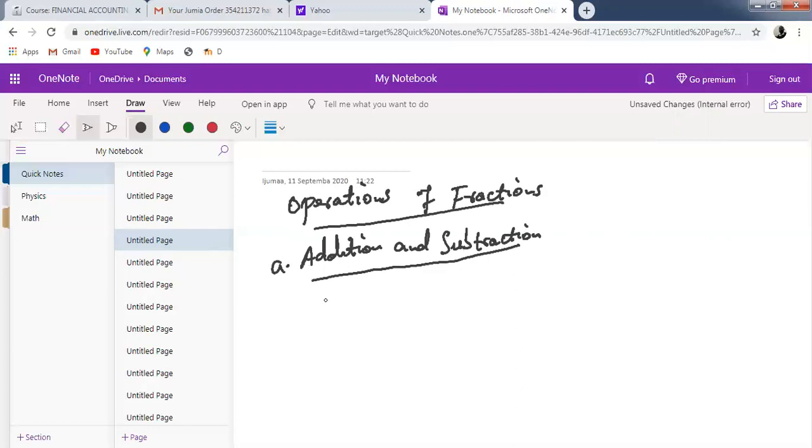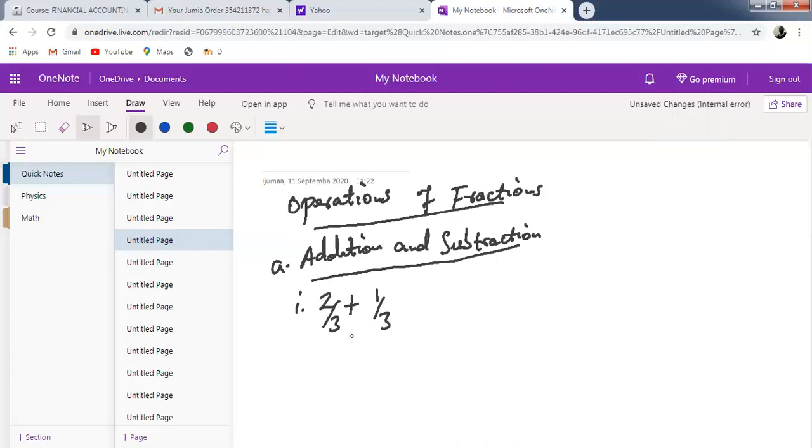So we have got different scenarios here, and the easiest scenario is where the two fractions have the same denominator. For example, if you are told, this is Roman 1, you work out 2 over 3 plus maybe 1 over 3.